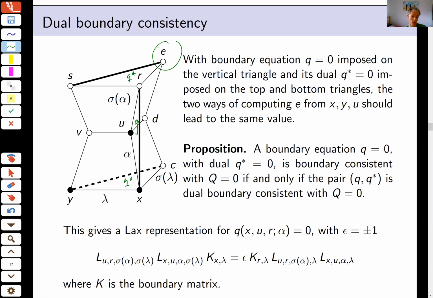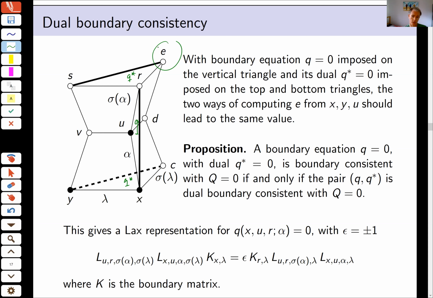In all cases, we have seen that q star is also boundary consistent, but it does not seem to follow from the proof. You really need to interchange q and q star to get that result. And this leads to a Lax representation. So we can get a K matrix, a boundary matrix, in precisely the same way as we got the L matrix.